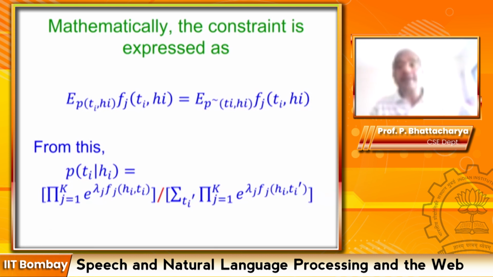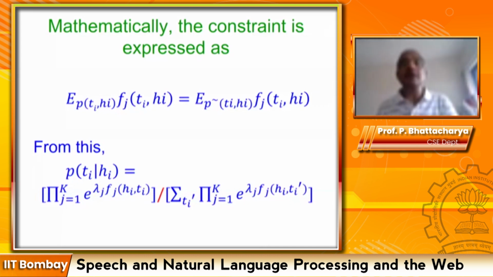Okay. So now we know that joint probability can be converted into conditional probability by applying Bayes theorem. So probability of A comma B is probability of A into probability of B given A. Okay.